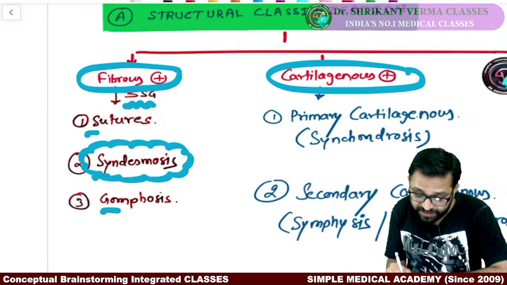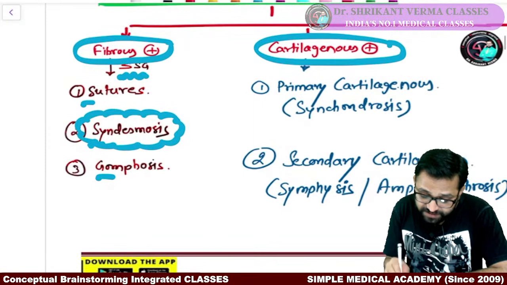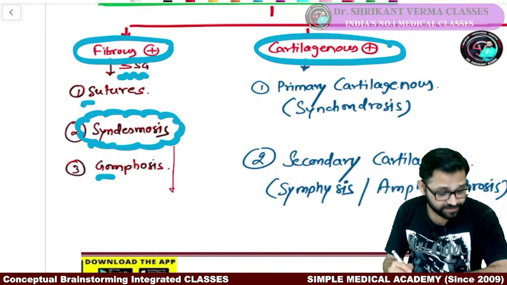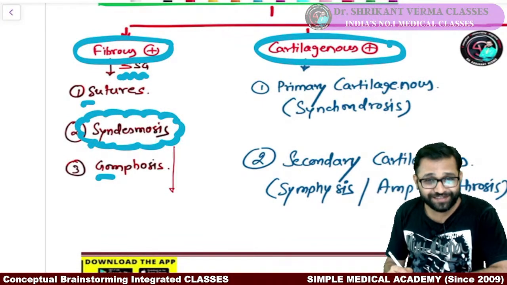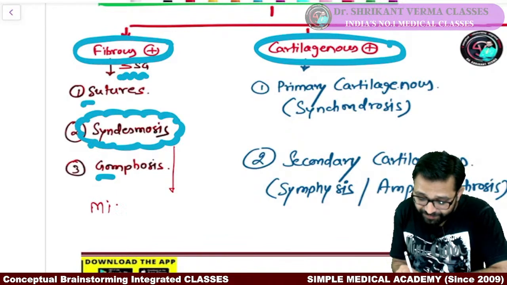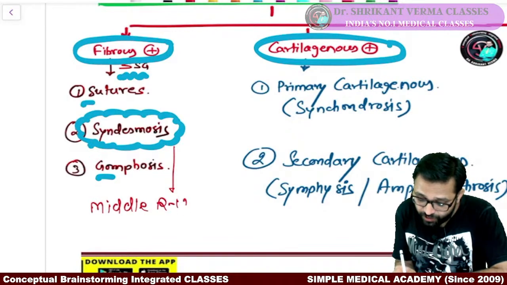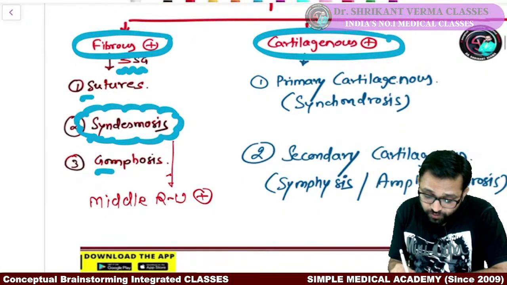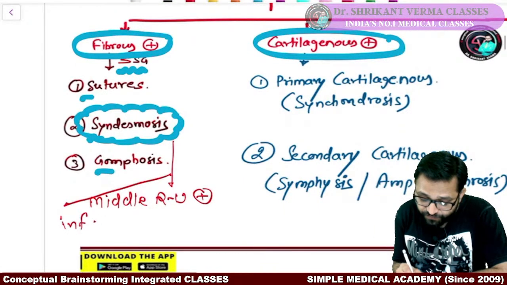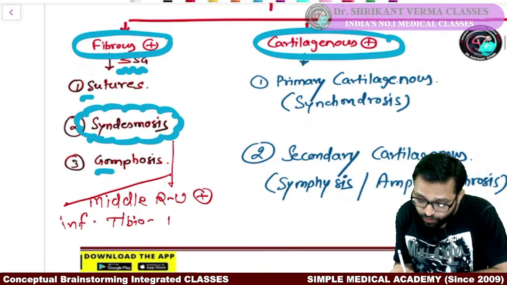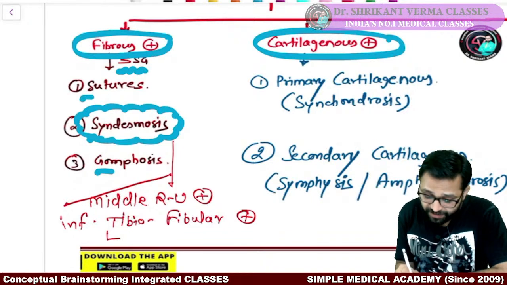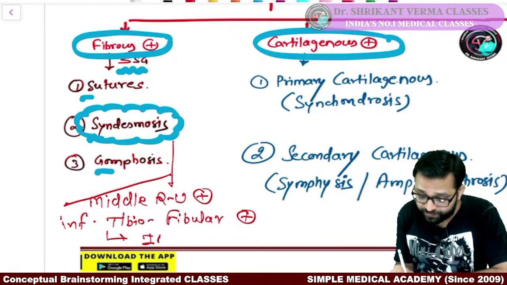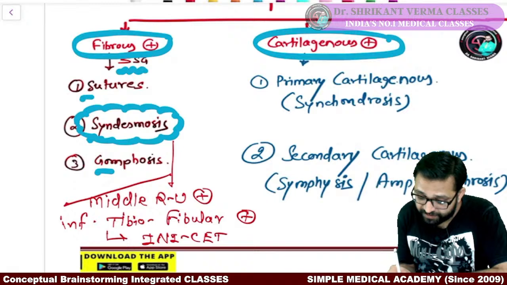Now you have clear-cut knowledge that this syndesmosis joint is present at the middle radioulnar joint. Also at the time of class I told you this is also present at the inferior tibiofibular joint. And remember, this was a question of the INICET pattern. Okay.